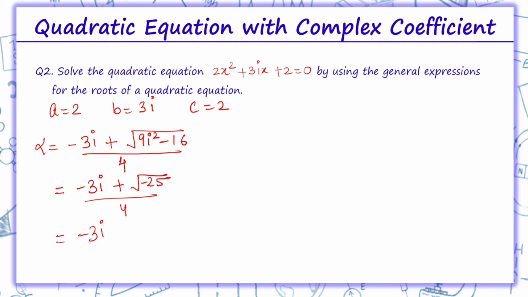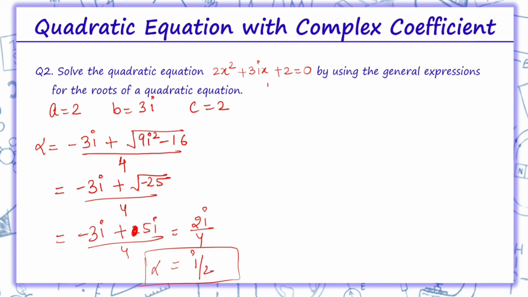So this will become -3i plus root of -25 upon 4. So the square root of 25 is 5, and root of minus 1 is i. So minus 3i plus 5i will be written as 2i by 4. So hence here the root will be i by 2. So alpha is i by 2.